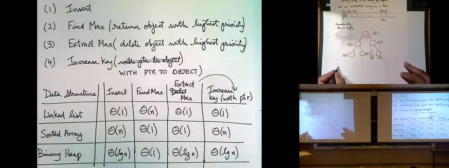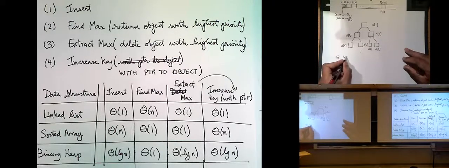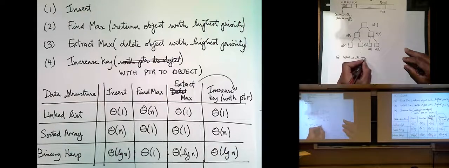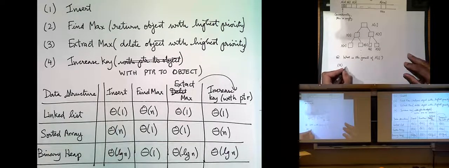Okay, question. What is the parent of A[i]? Is it A of the floor of i divided by 2?